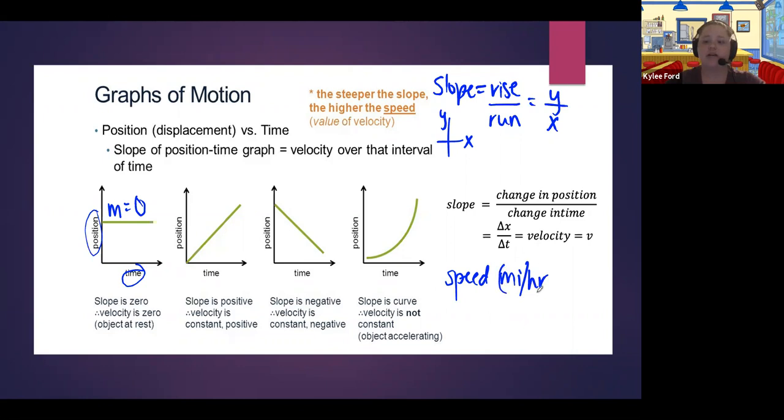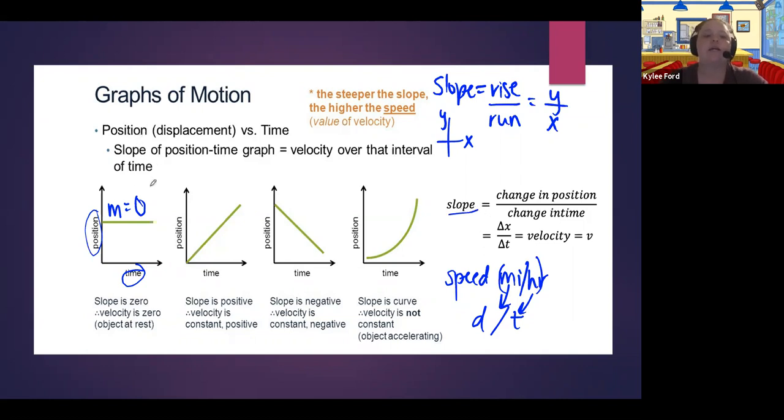Okay, that's what we kind of think of when we think of speed. So this is how you can remember how to calculate velocity as well as speed. Our speed is going to be some distance divided by some amount of time. So that's what this slope is showing us.